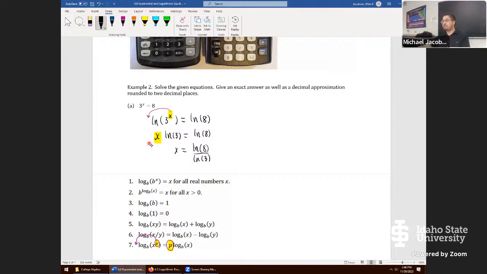And if you did use log base 3 to start the equation and use the change of base formula, this is probably where you're going to end up. This one is the exact solution. X is exactly natural log 8 divided by natural log 3. And if we want to approximate it, we can write X approximately equal to and just shove that into a calculator. Before going to the calculator, any comments at the moment?